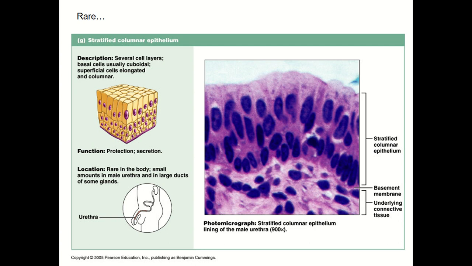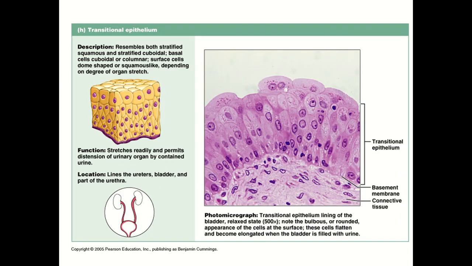Last but not least, we have transitional epithelium. Transitional epithelium resembles both stratified squamous and stratified cuboidal. The basal cells at the bottom are cuboidal and columnar in shape.